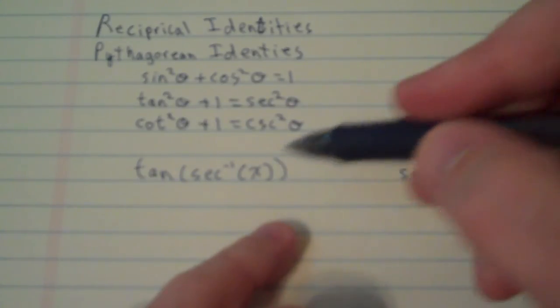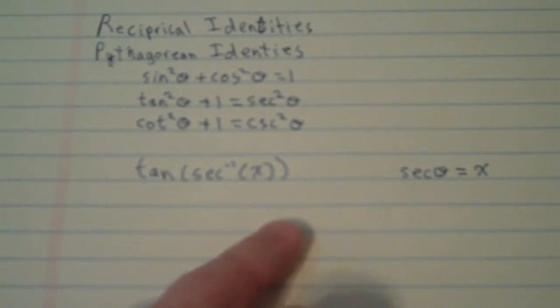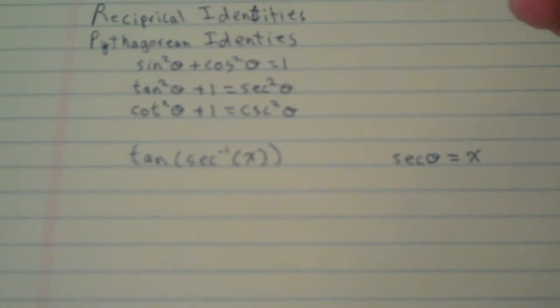Secant inverse of x means that the secant of some angle equals x. We have that written down. Now we can continue to our identity. We want to know specifically what the tangent of this is, because right now what we have is the tangent of theta. Okay?